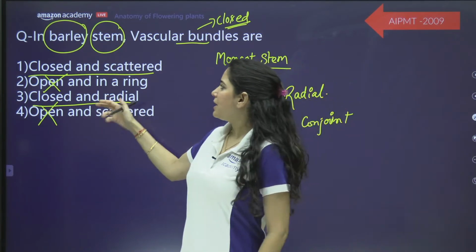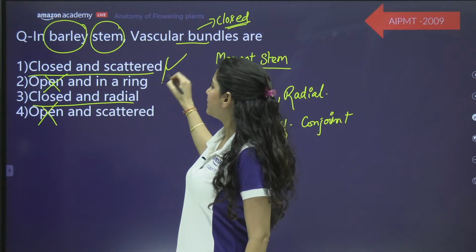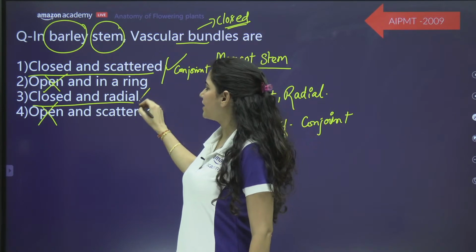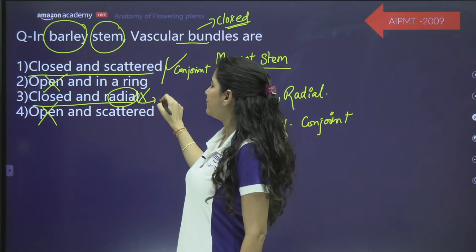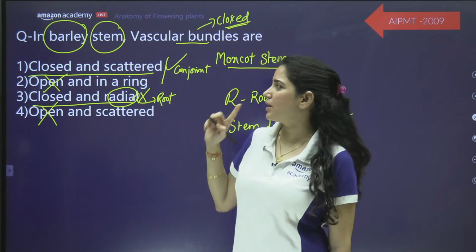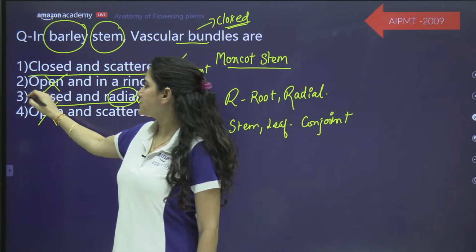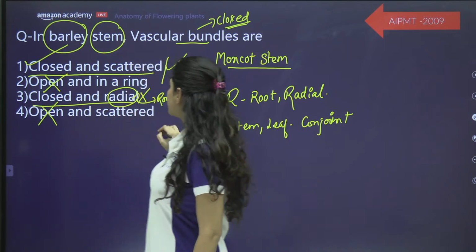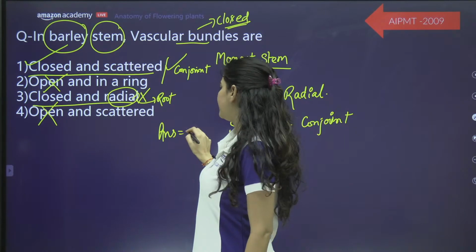Closed तो हो गई. Scattered लिखोगे आप या फिर आप conjoined लिख सकते थे. But it never can be radial, because for radial we will talk about roots. And question we will not ask about root, we will ask about stem. What is the right answer, बच्चों? The right answer is going to be option number 1.